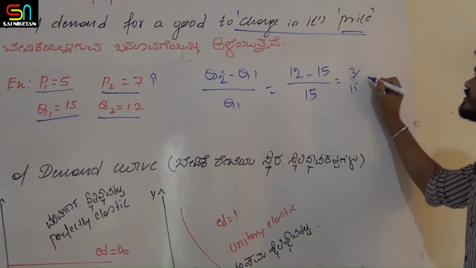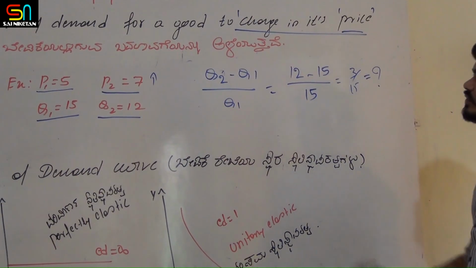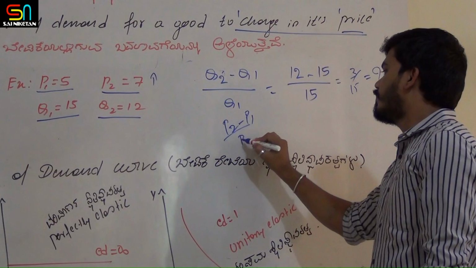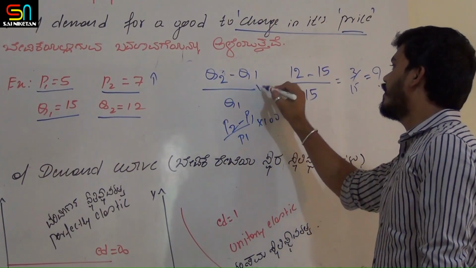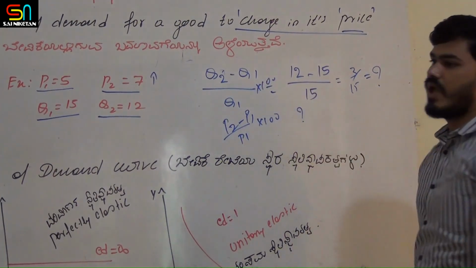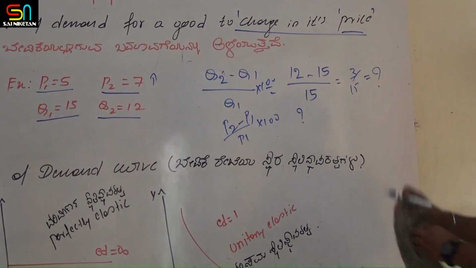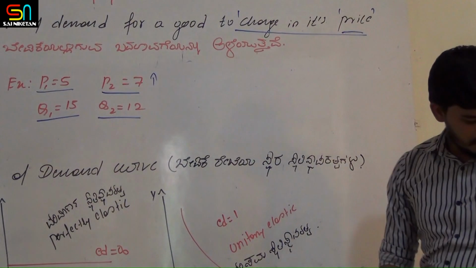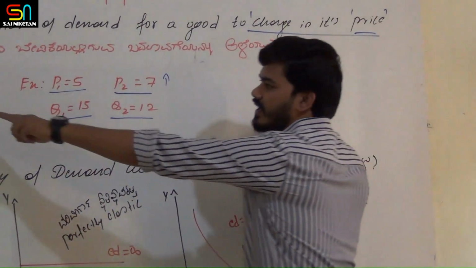Again for P, P2 minus P1 divided by P1 into 100. If you get some value here, you will easily get the final values. Otherwise you can simply examine.